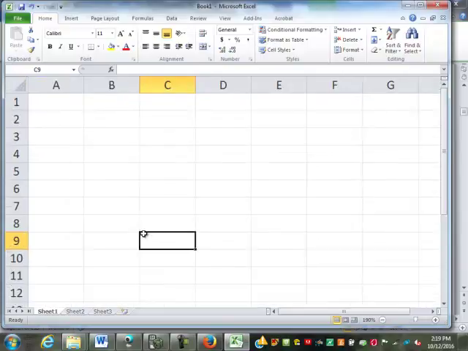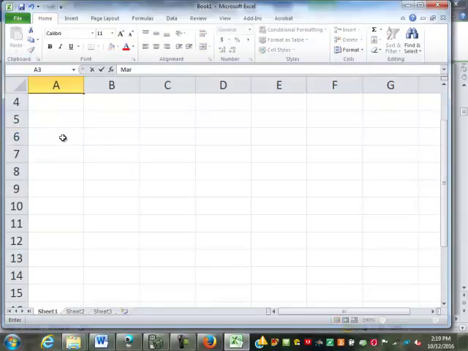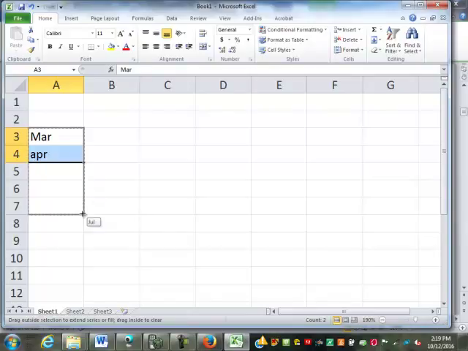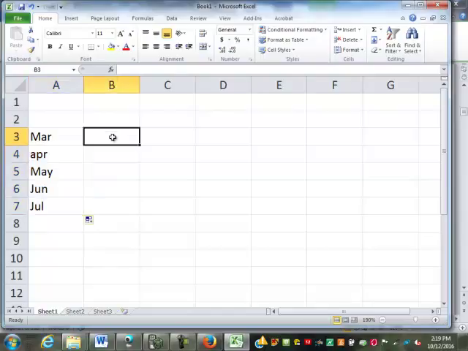Let's just do 5 months here. So let's say you get your refund in February, so we'll start out with March, and we'll go from March down to July.